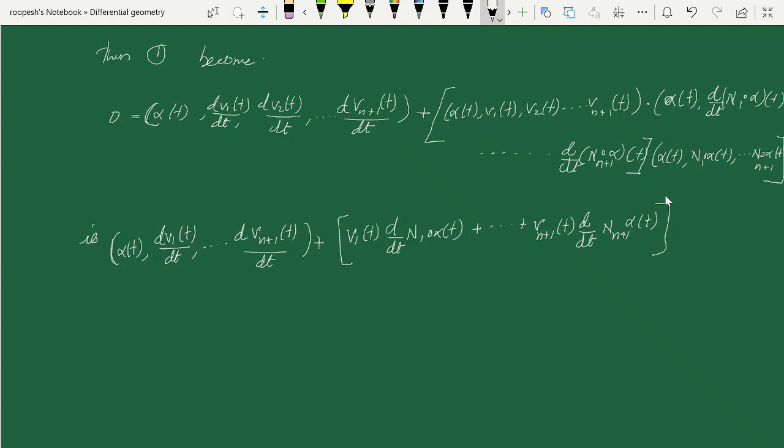Next term, into one more term now: (alpha of t, n1 composition alpha of t, etc., n_(n+1) composition alpha of t). So this term equals 0.